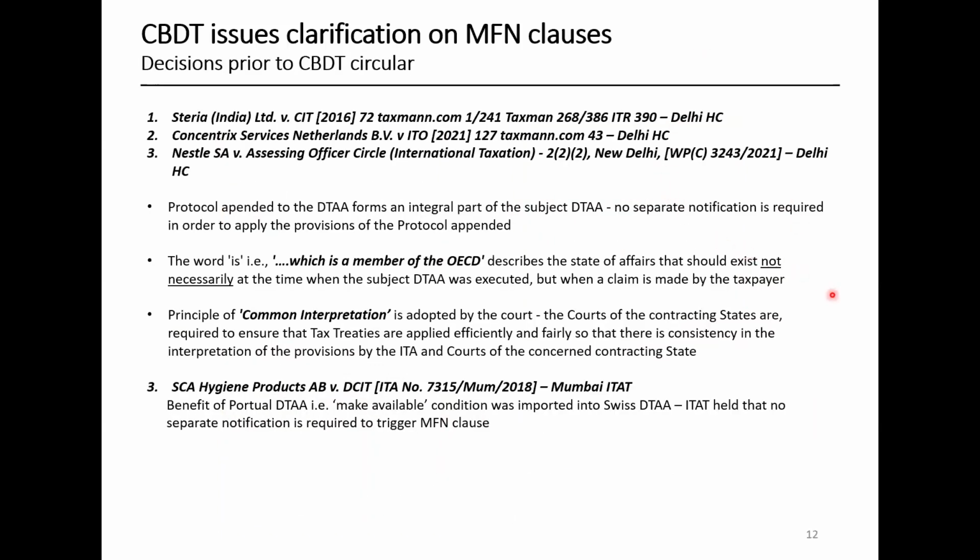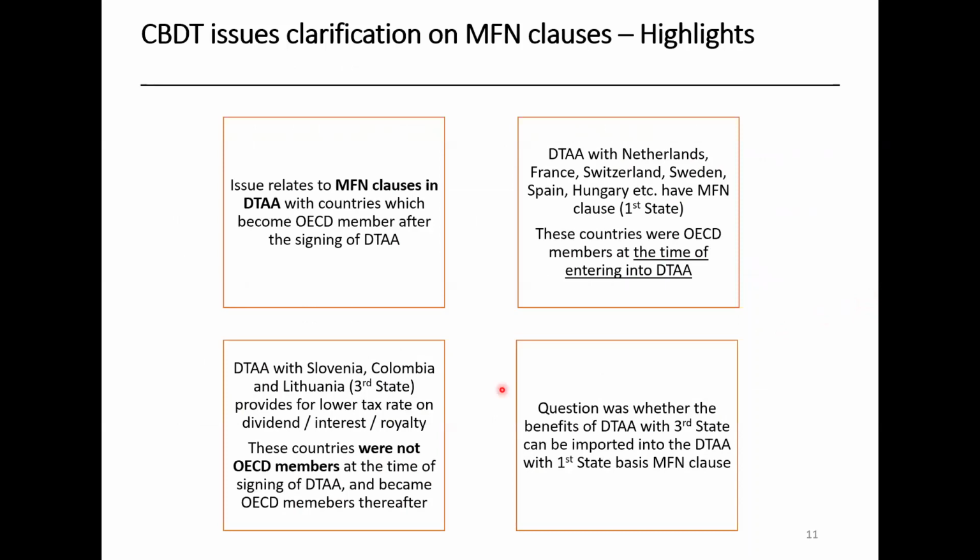There are plenty of decisions on this issue. I've noted three. The essence is that it is possible to provide the benefit of the subsequent treaties, which are Slovenia, Colombia, and Lithuania.